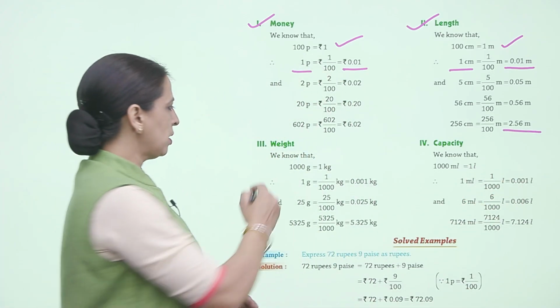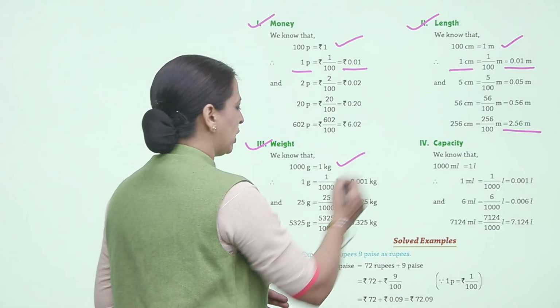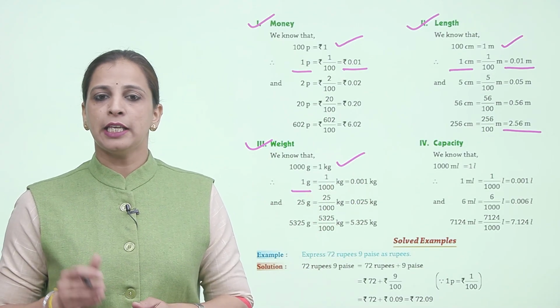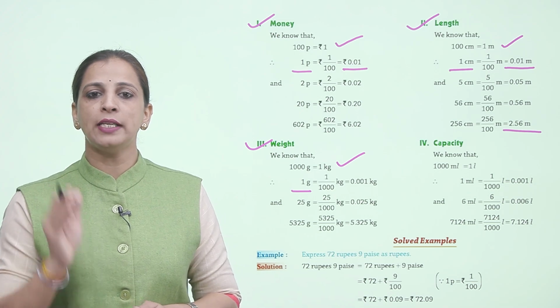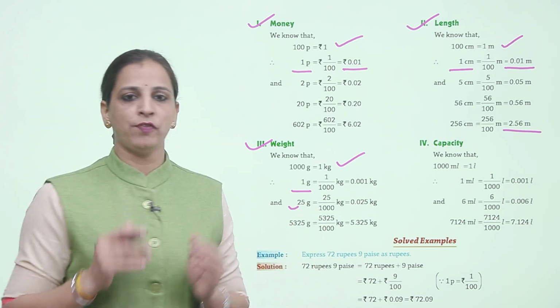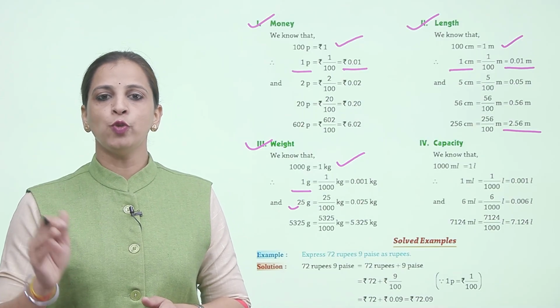Now third is weight. We know that 1000 gram is equal to 1 kilogram. So 1 gram is equal to 1 upon 1000 kilogram, that is equal to 0.001 kilogram. 25 gram is equal to 25 by 1000 kilogram, that is equal to 0.025 kilogram.